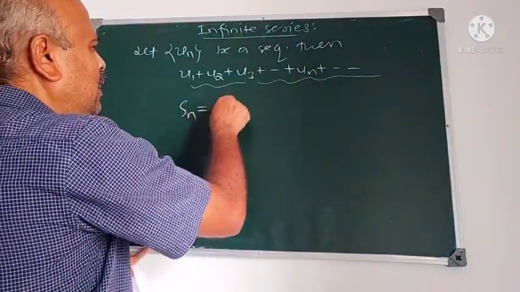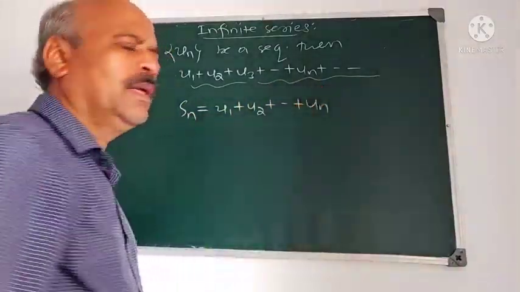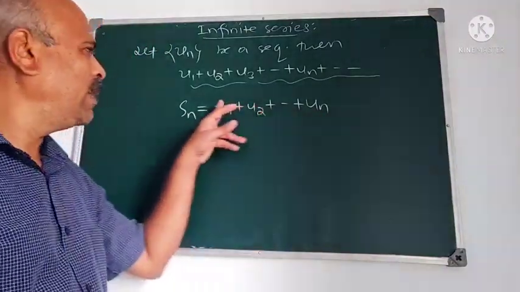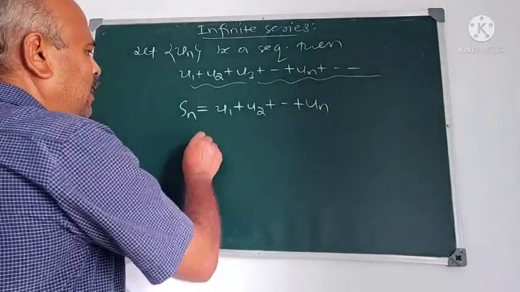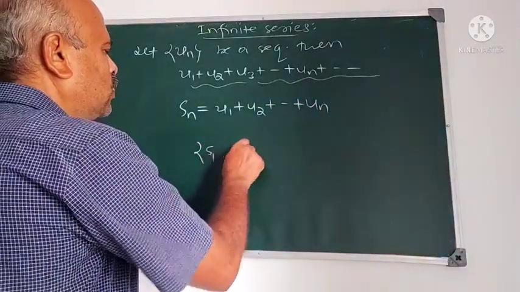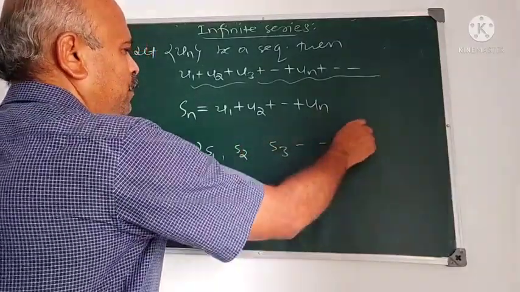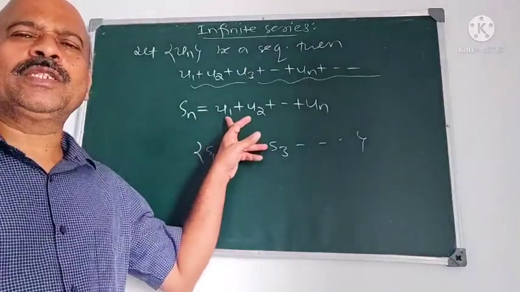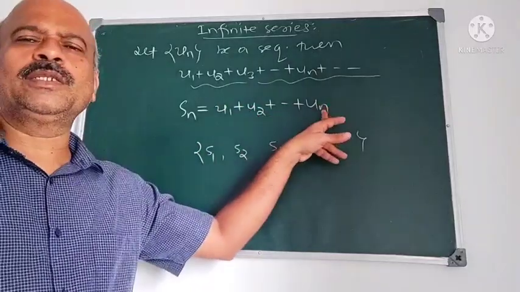Suppose Sn is U1 plus U2 plus etc. plus Un. Suppose Sn is a sequence defined by U1 plus U2 plus Un.